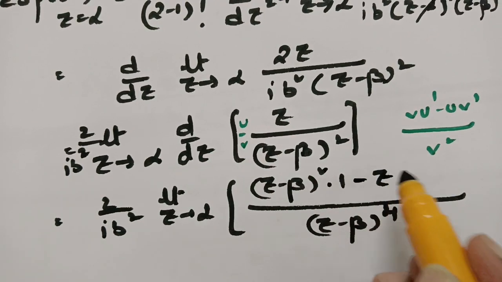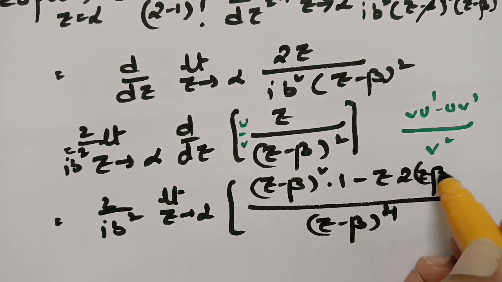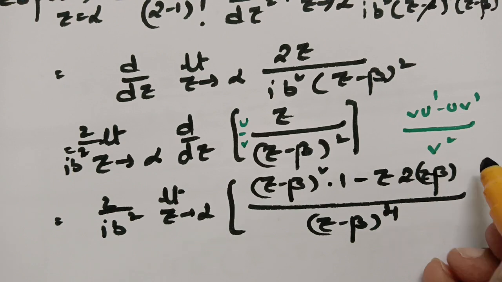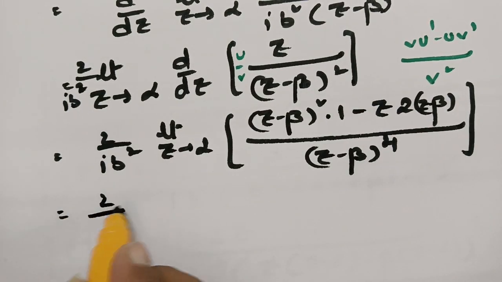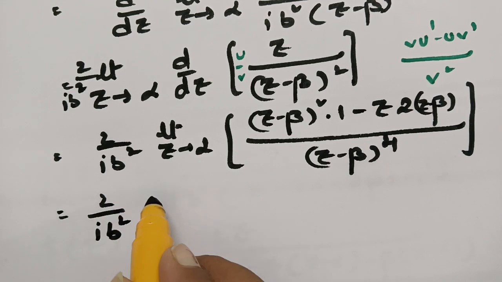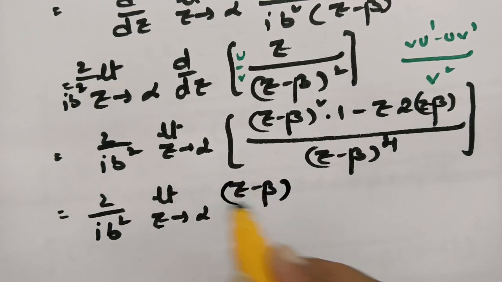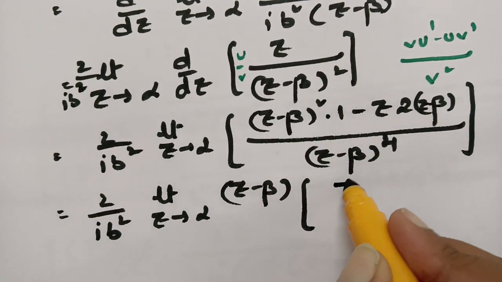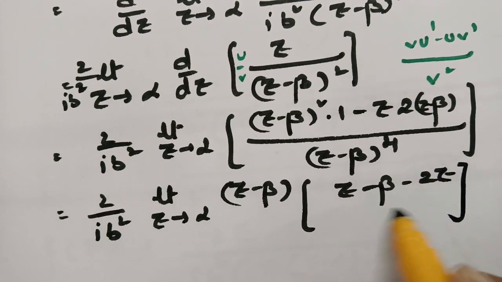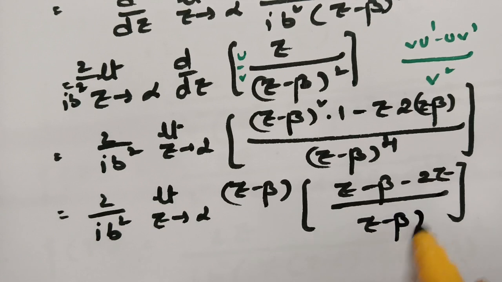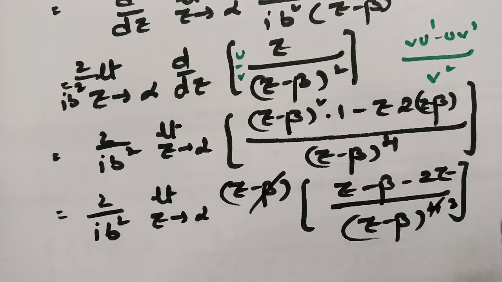If I take (z minus beta) common and cancel, this will be 2 by i b square, limit z tends to alpha, of (z minus beta) minus 2z, over (z minus beta) power 4. Cancelling one factor, this will be cube.